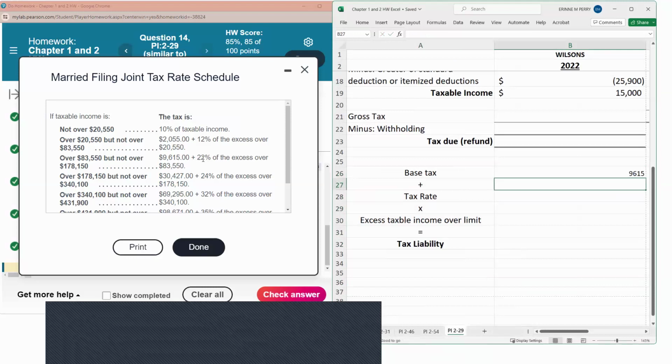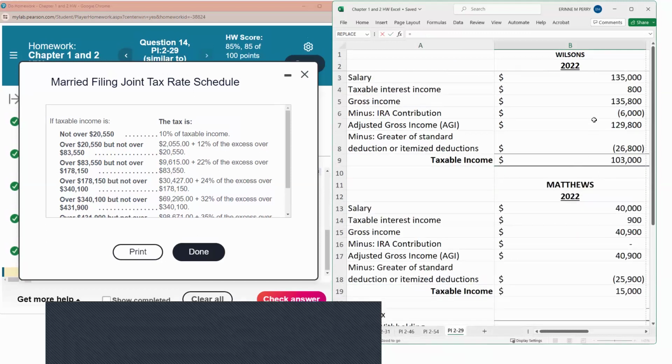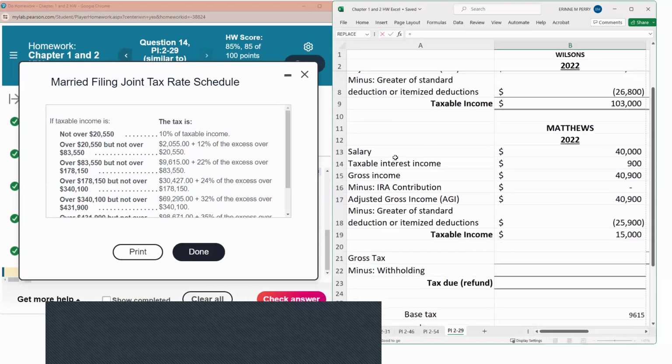And then it says plus 22% of the excess over 83,550. So in this case, the tax rate is 22%, and the excess taxable income over the limit. So for the Matthews, their taxable income is 103,000.